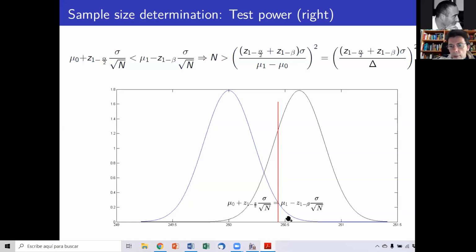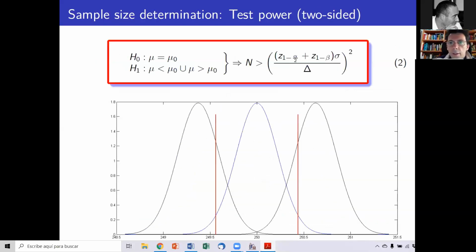So this area on the red line to the right is related to the type 1 error, while the area from the black curve to the right of this red line is the type 2 error. And then I can write an equation in which I know everything except the n, and then this n is something related to the confidence level, to the statistical power, to the variability of my observations, and to the effect size that I want to detect.